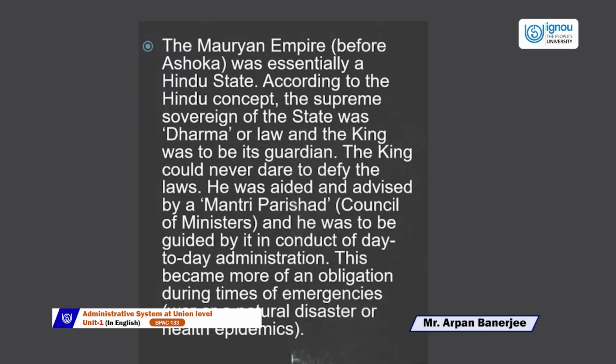The king was aided and advised by a Mantri Parishad or council of ministers, and the king was to be guided by the Mantri Parishad in the conduct of day-to-day administration. This became more of an obligation during times of emergencies like natural disasters or epidemics.